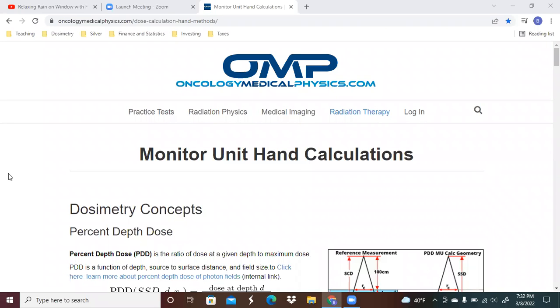This lecture is going to be a summary of the different types of factors that we're going to be using in trying to compute monitor units. I want you to take note of the web address up here, in case you need to refer back to that.